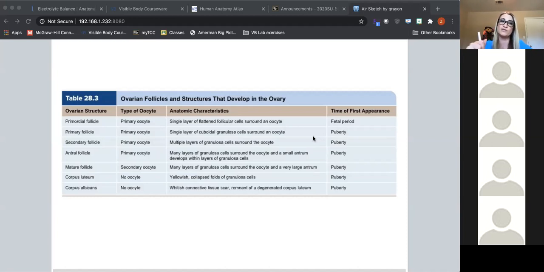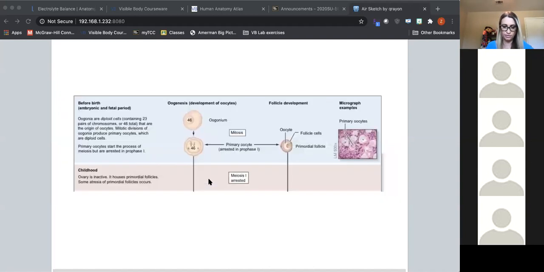So it will enter meiosis 2, but it will arrest in metaphase 2. We'll go through prophase 2, and then the chromosomes will line up in the middle, but that's how you will ovulate this oocyte. It's in metaphase 2. Metaphase 2 will not continue unless fertilization happens. So that's that with the genetics.